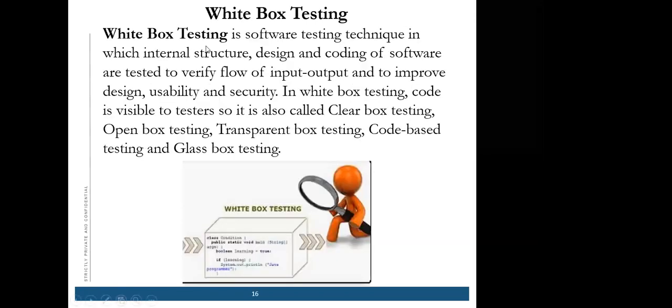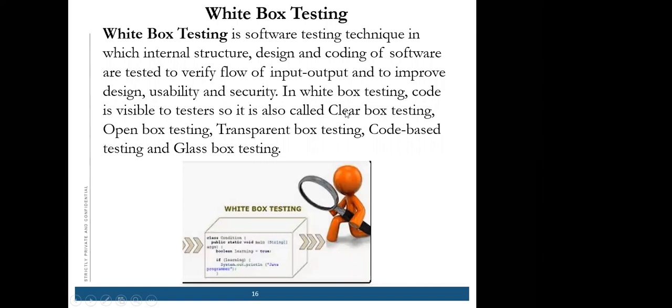Now, white box testing is a software testing technique in which the internal structure, as you can see in the diagram also, is visible, and you know what design or coding of the software you are testing. You verify the flow of the input and output, and improve the design, usability, and security of the software.